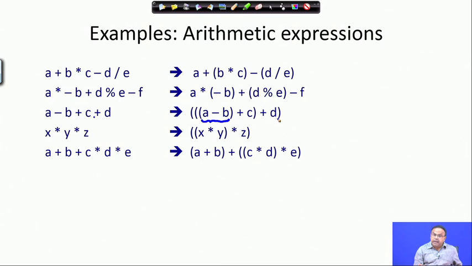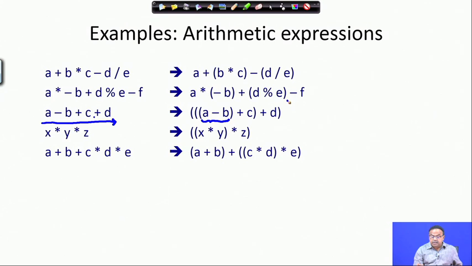That would have been done anyway. Why? Because since these are of the same priority, that would be done left to right. So, first this would be done, then this, then this. Okay? Either way. Here also the same, I can write it in this way, but the precedence is being shown in the form of bracket.